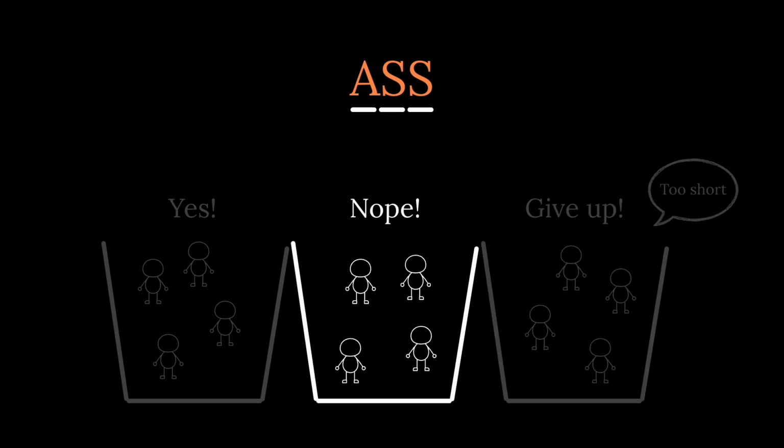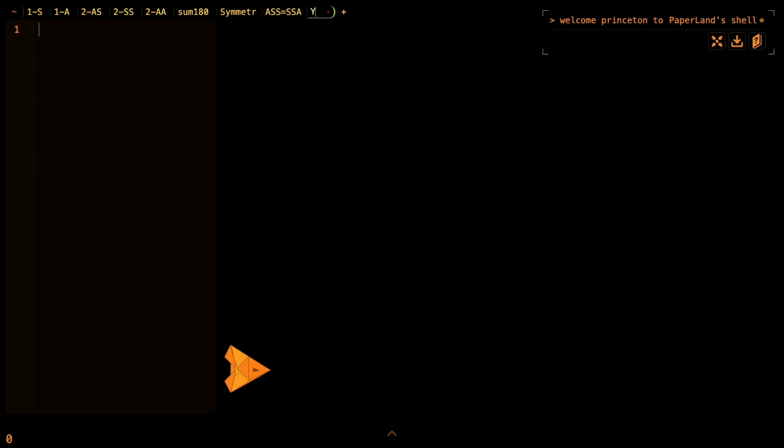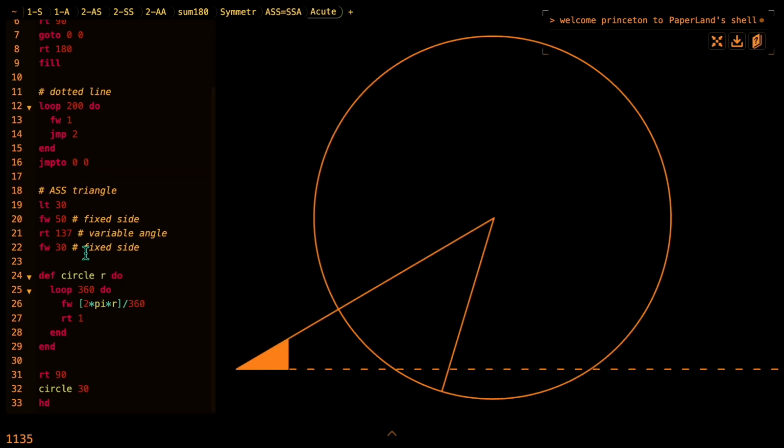What about a group that was certain ASS wouldn't work as a naming format? What were the conditions which led to that conclusion? We used the same ASS setup as before, except this time, we ensure that the side is long enough to cut the dotted line. And there you go, we've successfully made a triangle this time.